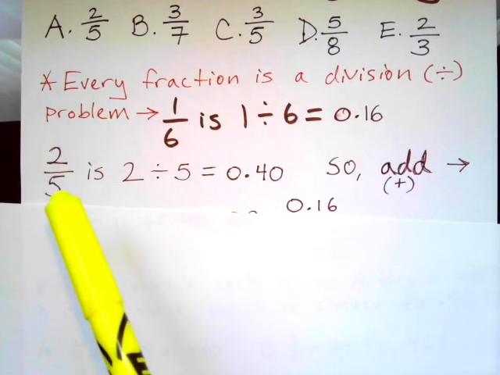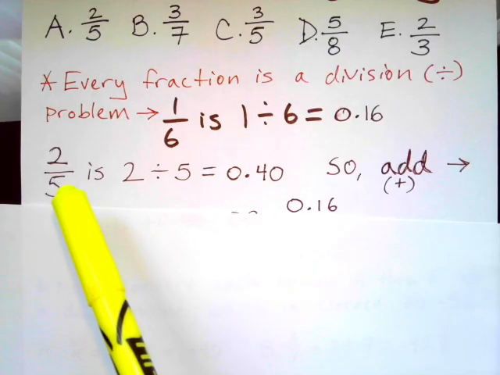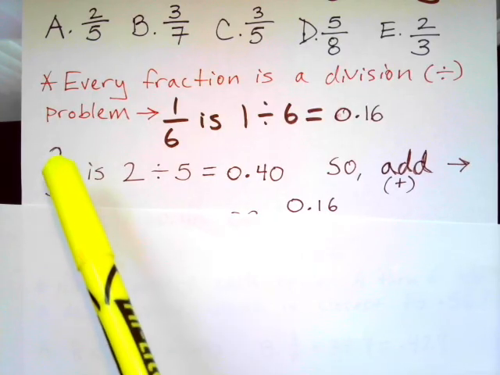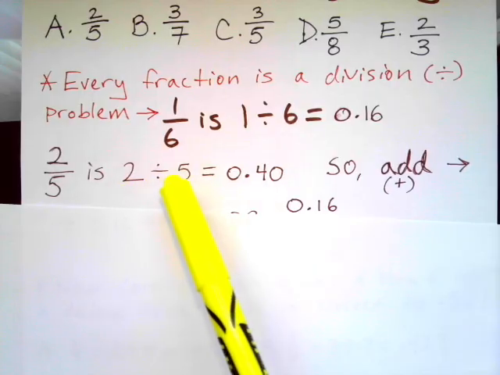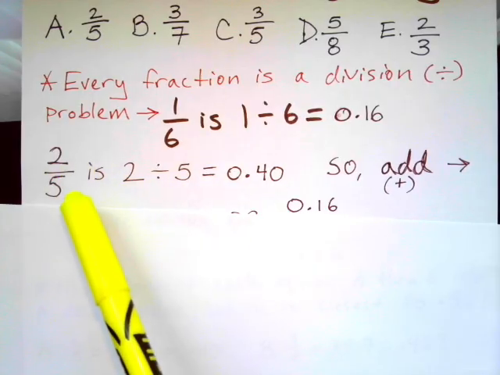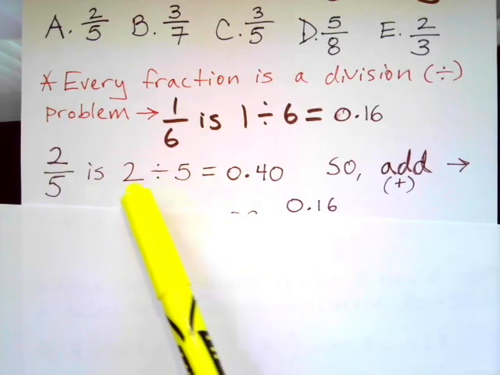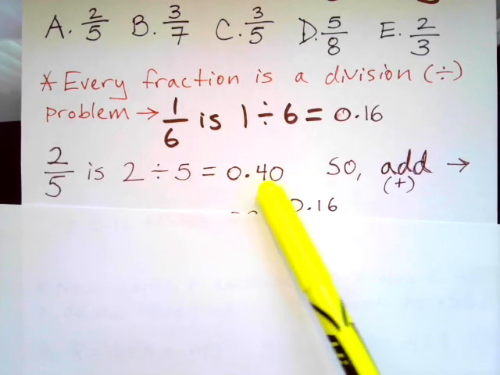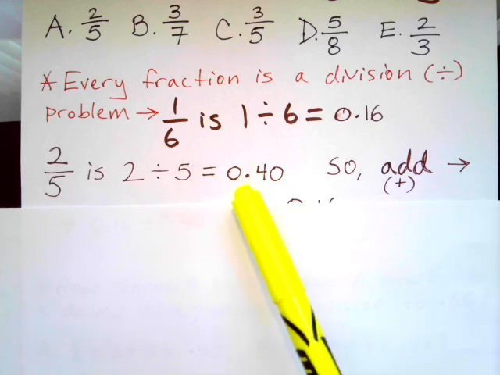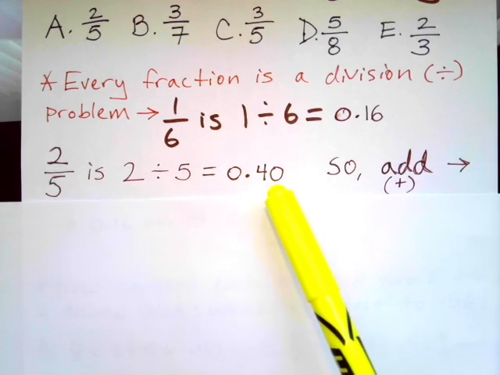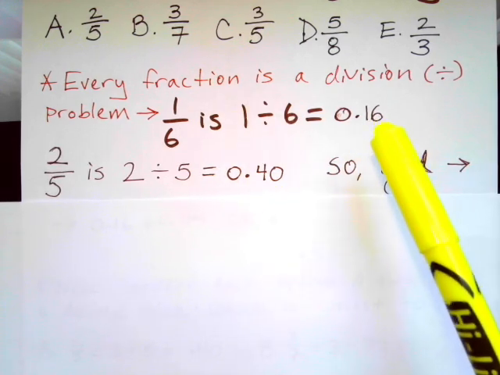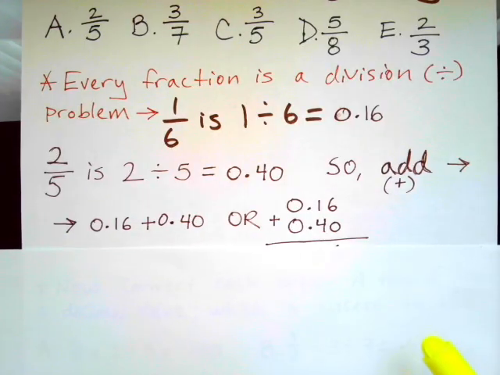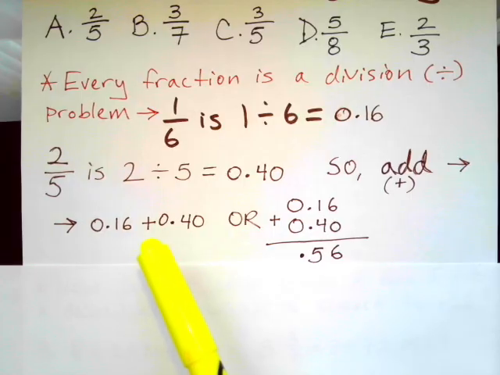2/5, right? It's 1/6 plus 2/5 in that question. 2/5 is 2 divided by 5, and when you punch this into your calculator, you get 0.40 or 40 cents. So 40 cents plus 16 cents gives you 56 cents. That's 0.16 plus 0.40.